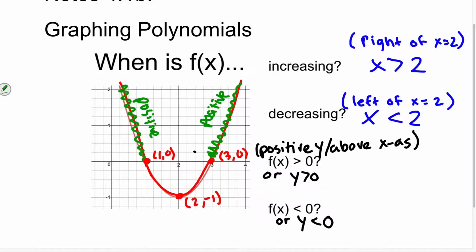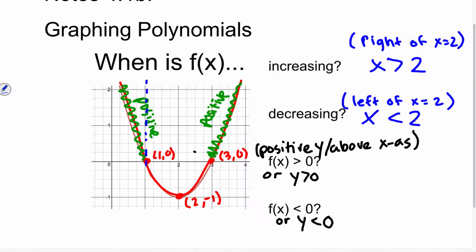Okay. How would you describe this green portion on the left? It's all the x's that are less than 1, right?